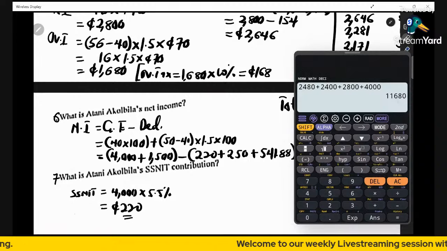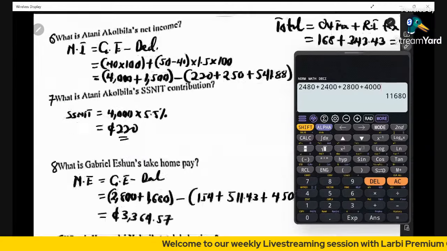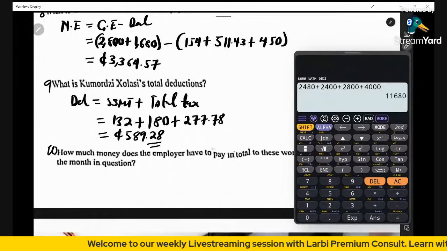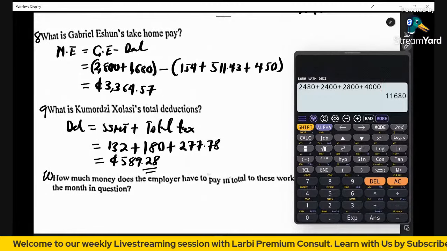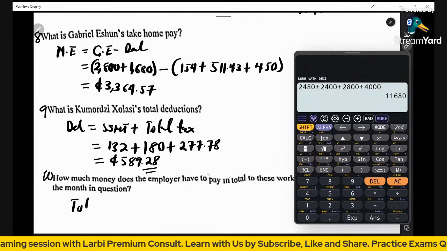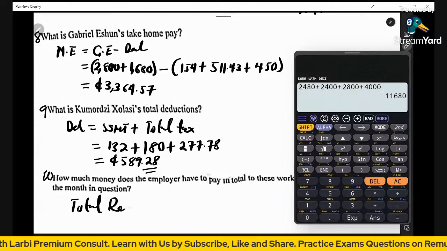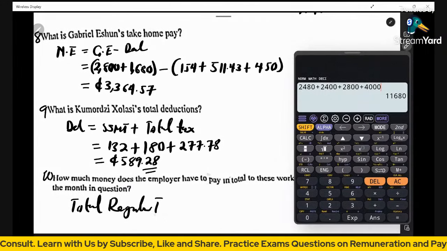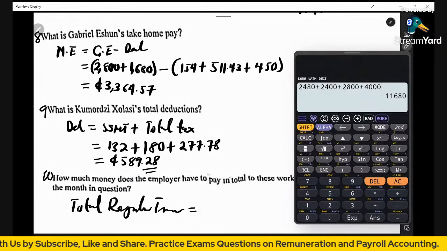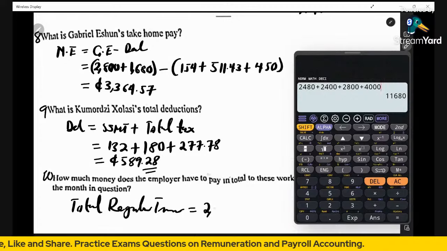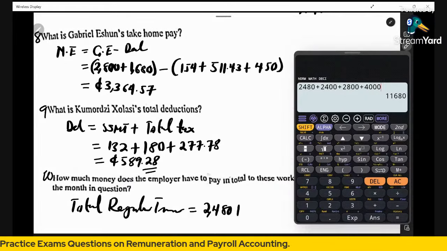11,600 and what? 80. So that becomes the total regular amount that the employer will pay these 4 employees. The total regular income that will be paid by this employer is going to be 2,480 for the first employee.